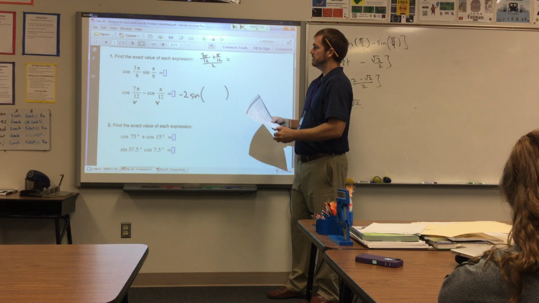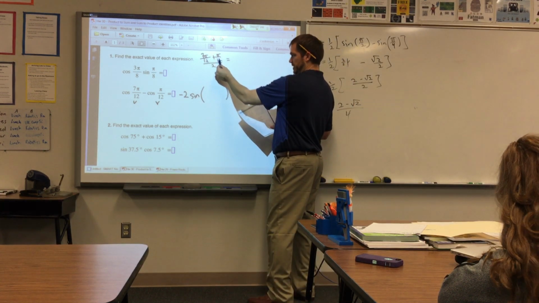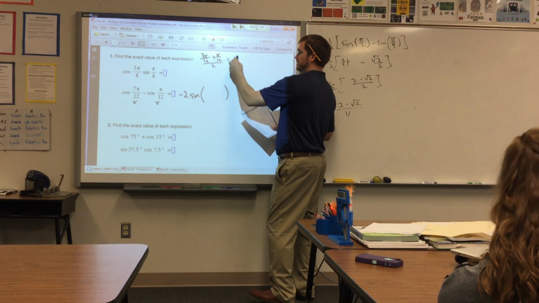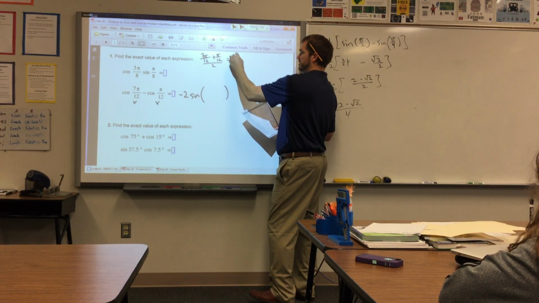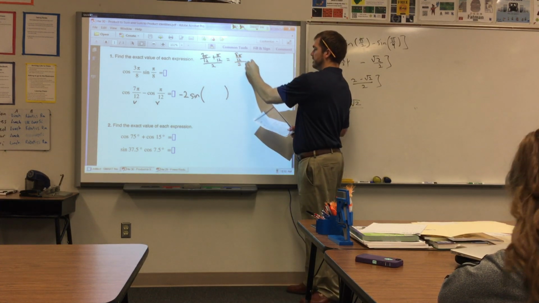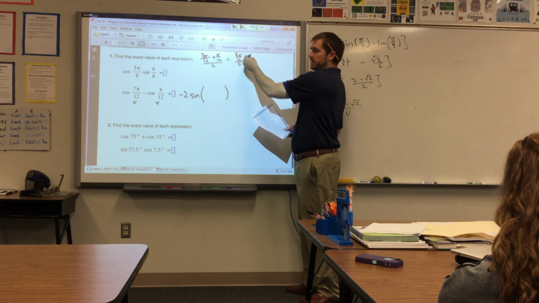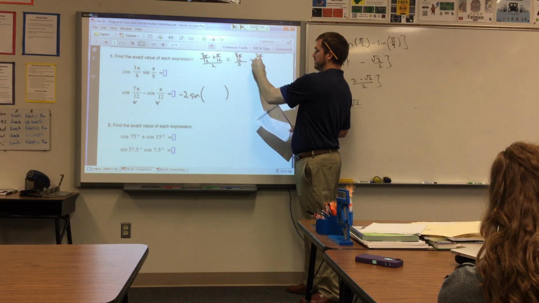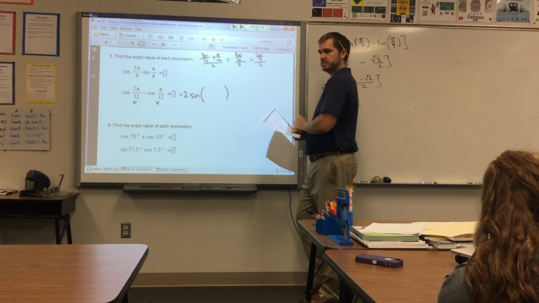They already have the same denominator. 7 pi over 12 plus pi over 12 is 8 pi over 12, and then 8 pi over 12 all divided by 2. Now you want to reduce that, so you're dividing by 4, so that's 2 pi over 3, still divided by 2.